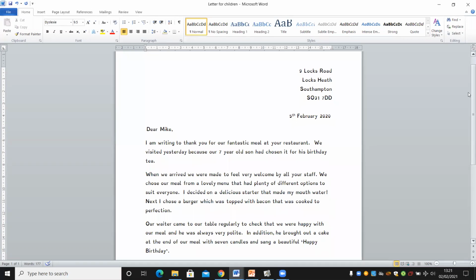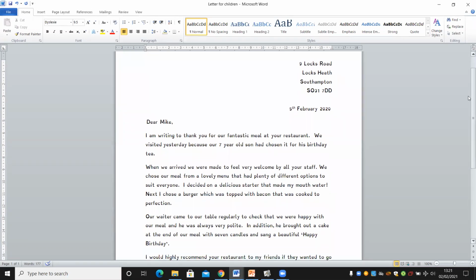Children, do you remember what the different parts of an informal letter are? Do you remember whose address this is? Is it the address of the person that is writing the letter, or the address of the person who will receive the letter? That's right, it's the address of the person who wrote the letter.